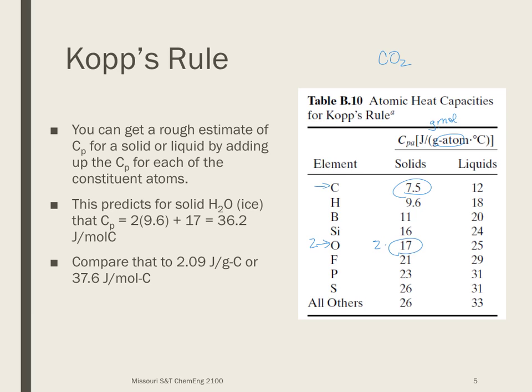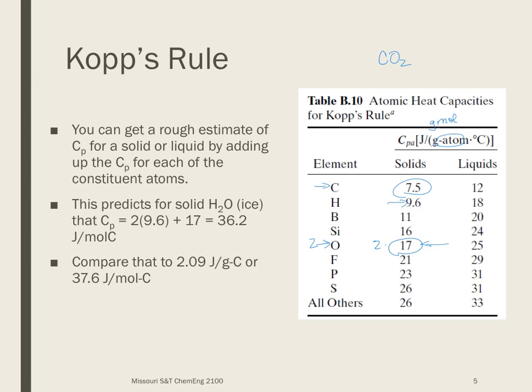One way that you can always test this is just try it on a substance. If you look, I did it for solid H2O, also known as ice. So 2 H's, 1 oxygen, gives me a value of 36.2 joules per something degrees C. So go and look up ice in a data table.